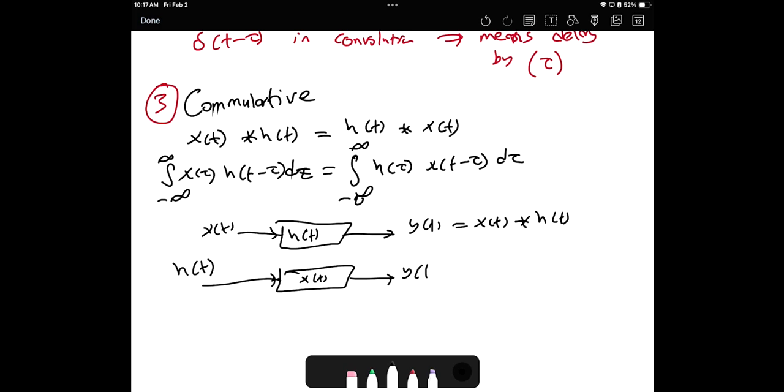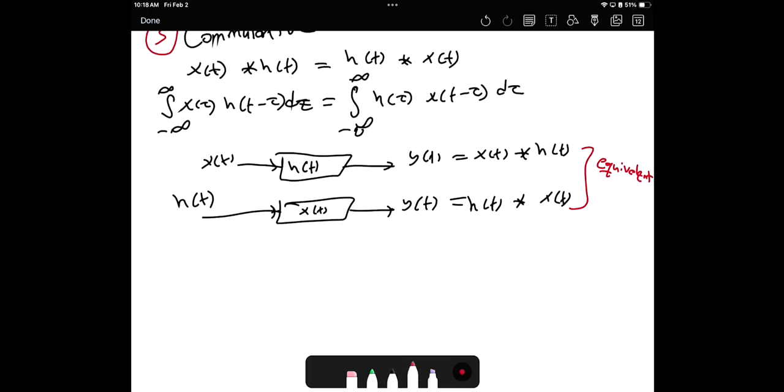This means y of t equals h of t convolved with x of t, and both of them are equivalent. So if you do the integration first with h of t or x of t, they're equivalent to each other because it's commutative.